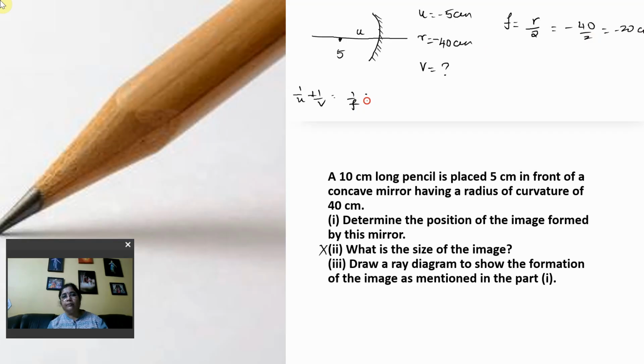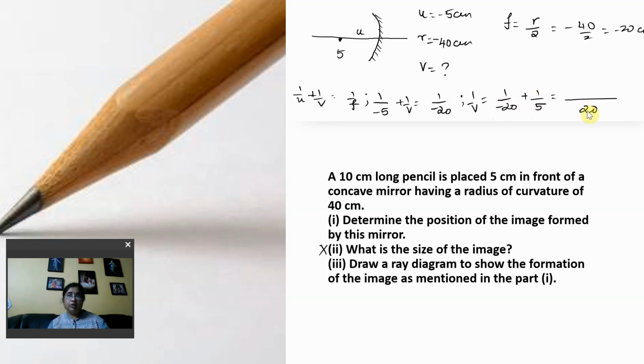Now let us substitute here. I know f, I know u, I need to find v. 1 by minus 5 plus 1 by v is equal to 1 by minus 20. So I will keep 1 by v on one side and take 1 by minus 5 to the other side. It will become 1 by 5. So my LCM is 20.